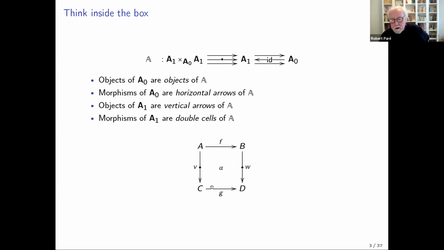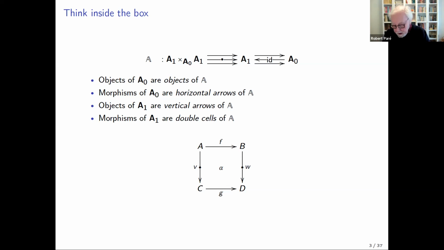You get a category, you get another category, and you get associativity horizontally and associativity vertically, and you get interchange. Okay, so I'm going fast. I think that most people know this, but I'm just mentioning this now. This doesn't really do justice to the richness of the subject.